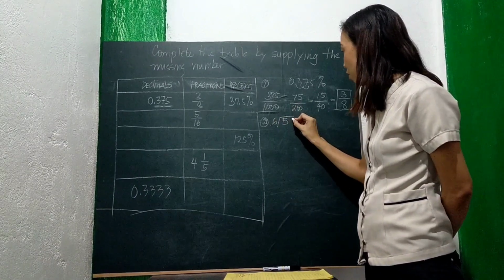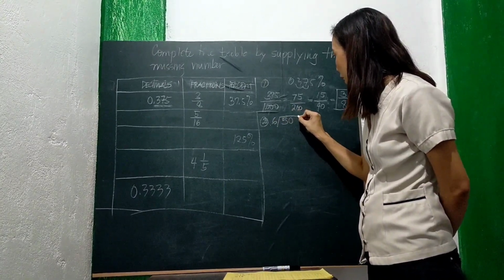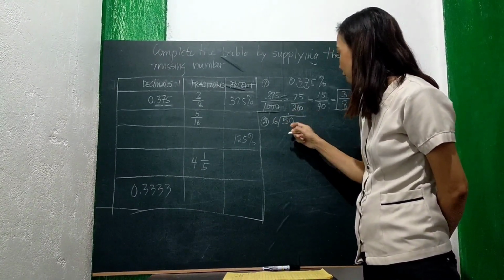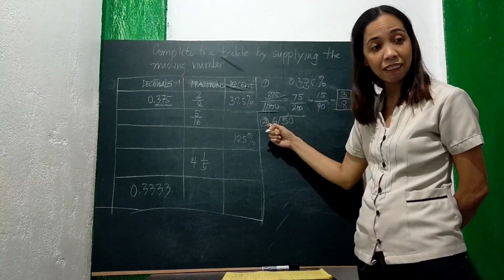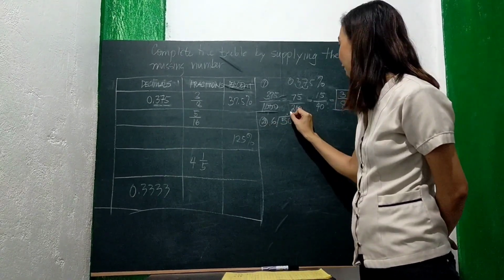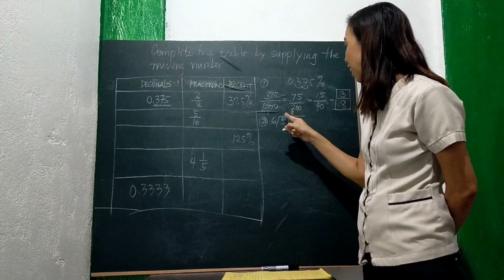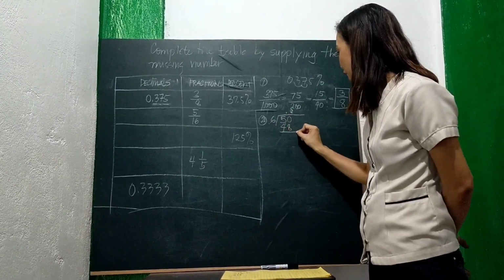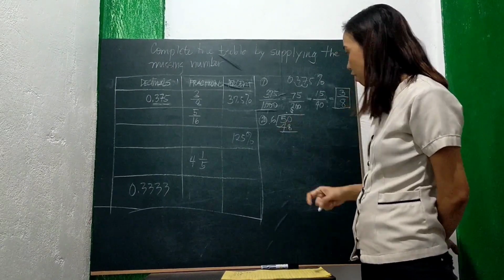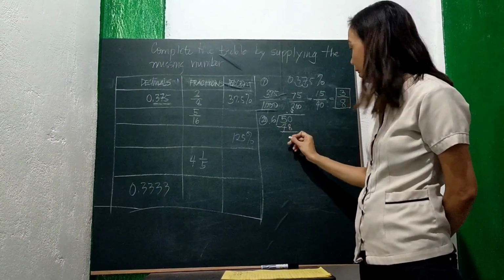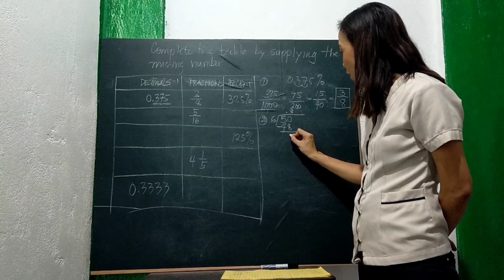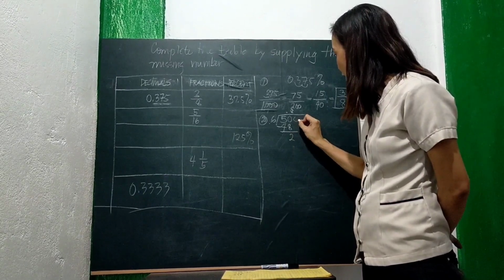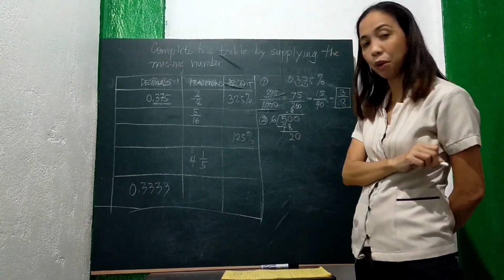So, cannot be. So, you will add 0. 50 divided by 6 is 8. 8 times 6 is 48. Okay. So, 50 minus 48 is 2.